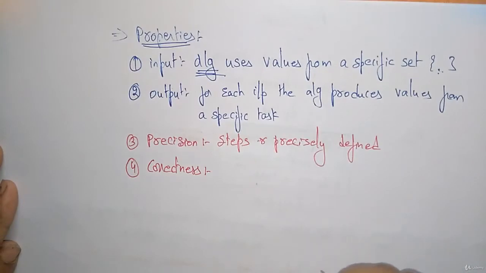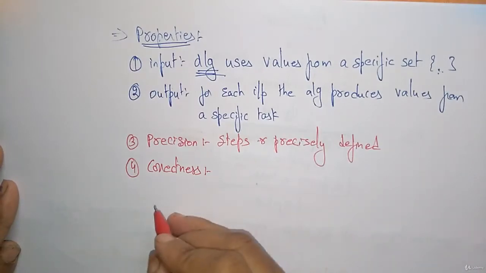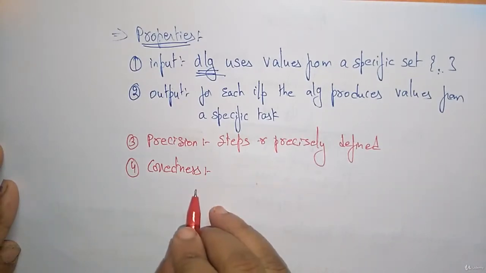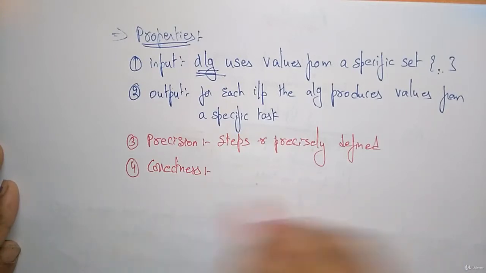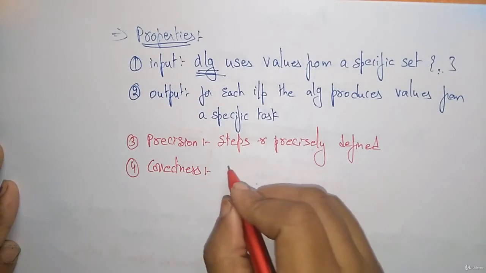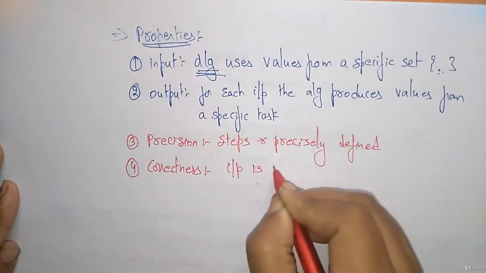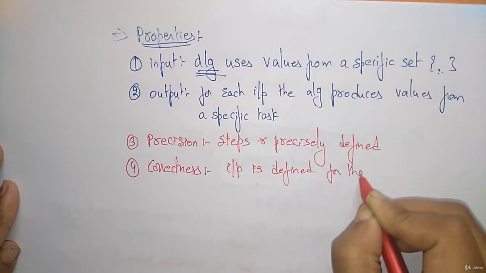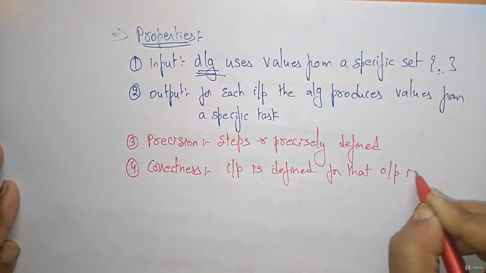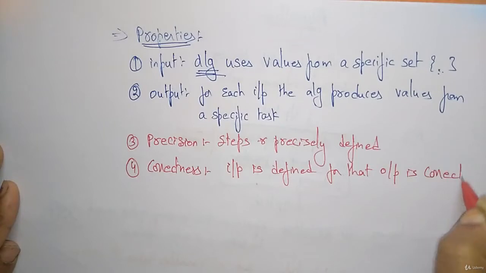Here the output is correct for each input as defined by the problem. So whatever the input is, the output is checked to be correct by the algorithm.